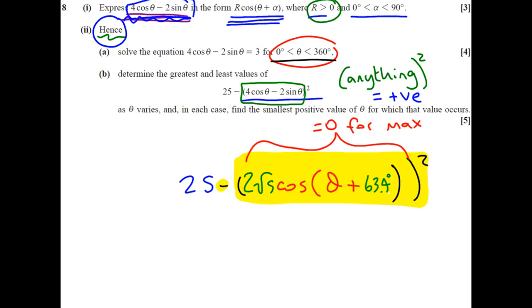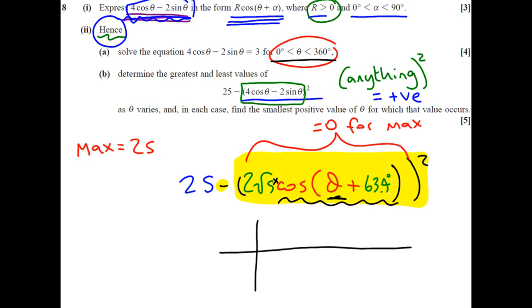So the max value that you can get is going to be 25, because that's what you're going to have left if you don't have to take anything away. And we need to know what our value of theta has to be to make this be 0. Okay? So it's 2 root 5 times by a trig function. It's a trig function that we need to make 0.